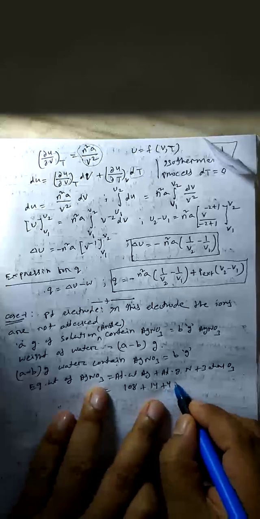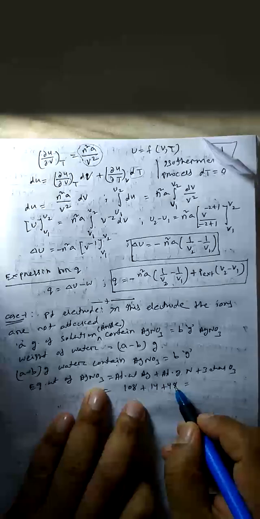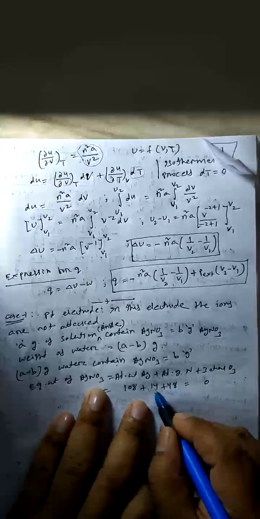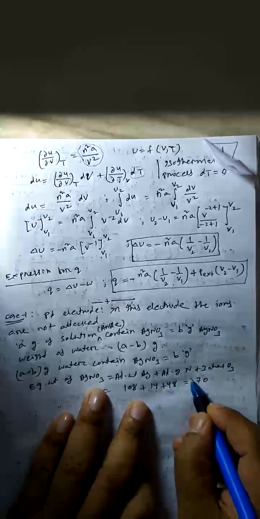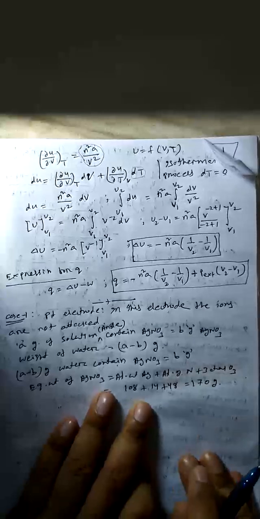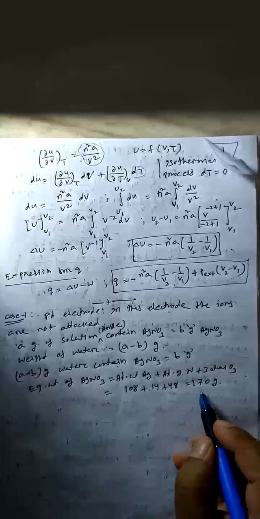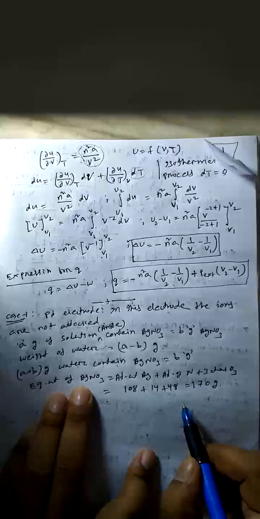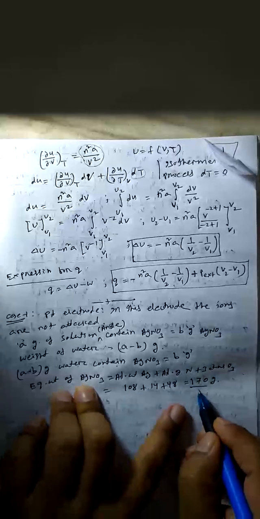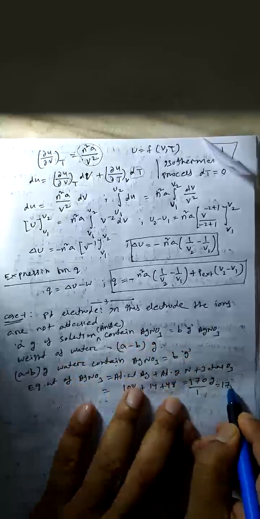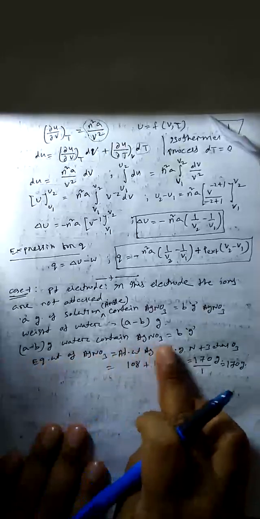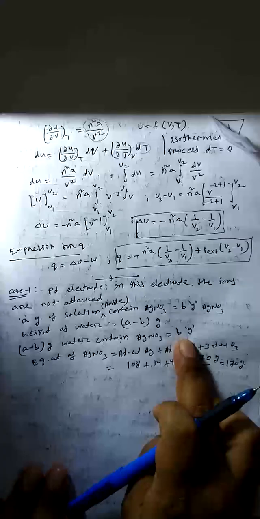The total is 170 gram. The equivalent weight is the molecular weight divided by the valency of the cation. Silver valency is 1, so 170 divided by 1 is 170 gram, the equivalent weight of silver nitrate. Then a minus b gram of water contains b gram of silver nitrate. Then what is the number of gram equivalents?